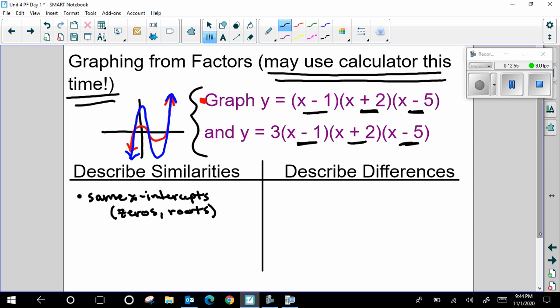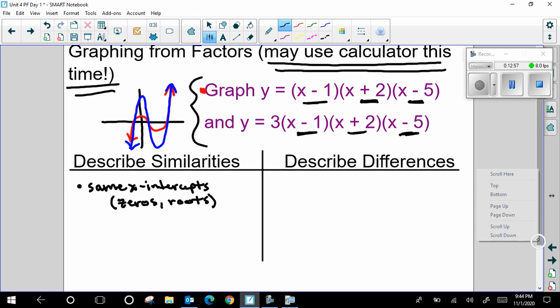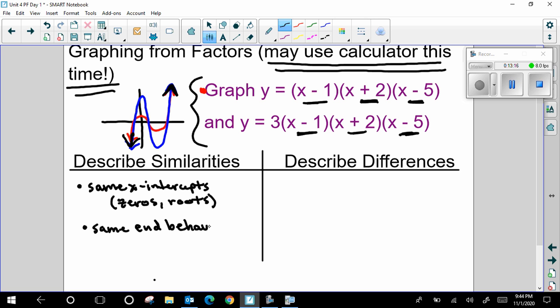Okay, so those are the values of x that make the entire function or equation equal to 0. The thing you can see too is this piece of the puzzle is called the end behavior. So they have the same end behavior. We'll talk about that later on too. Both of them are down on the left, up on the right.